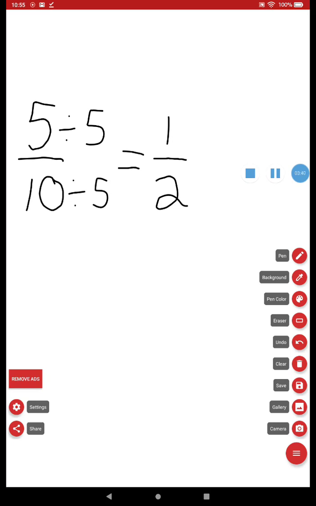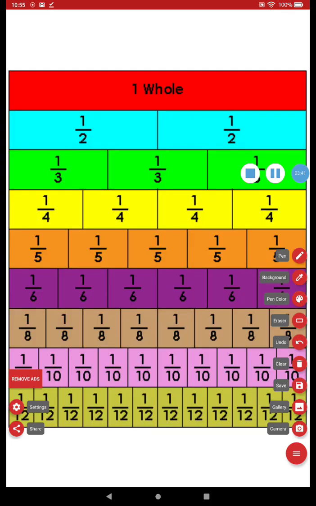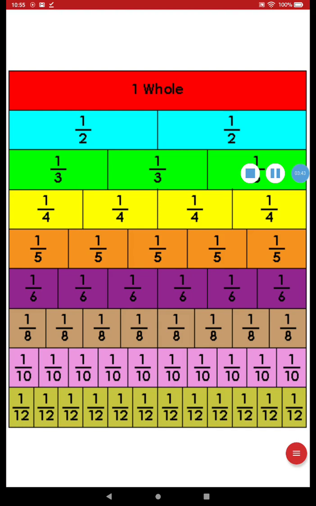Let's prove it looking at our rainbow fraction chart. All right, so now I go down to the tenths bar, right down here, and I circle 5 of them. 1, 2, 3, 4, 5. And now I bring my straight edge straight up till I have an equal amount. Hey, 8ths, 4/8 equals 5/10. Can I simplify it further? Hey, 6ths, 3/6 equals 5/10.